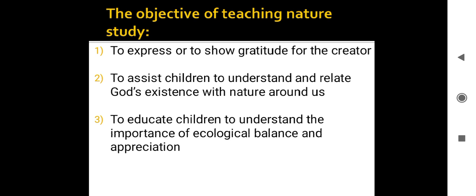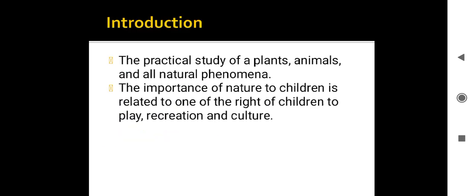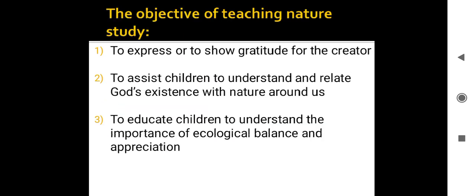And number three, the objective is to educate children to understand the importance of ecological balance and appreciation. So we want to educate them about the importance of the balance of ecology. What is ecology?